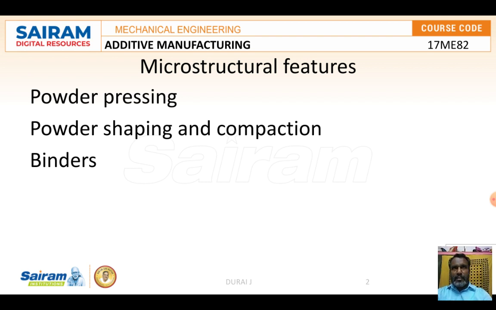The compaction is followed by sintering to make the finished parts. In some other cases, cemented carbide and superior properties can be achieved through the hot pressing of the component powders rather than cold pressing followed by sintering. This is about the powder pressing.